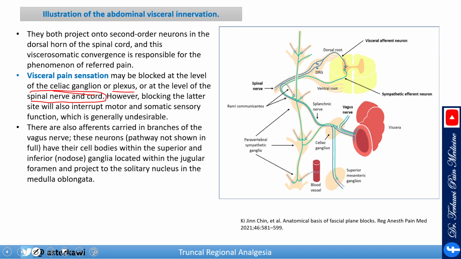There are also afferents carried in branches of the vagus nerve. These neurons or pathways, not shown in this picture, have their cell bodies within the superior and inferior ganglia located within the jugular foramen and project to the solitary nucleus in the medulla oblongata.